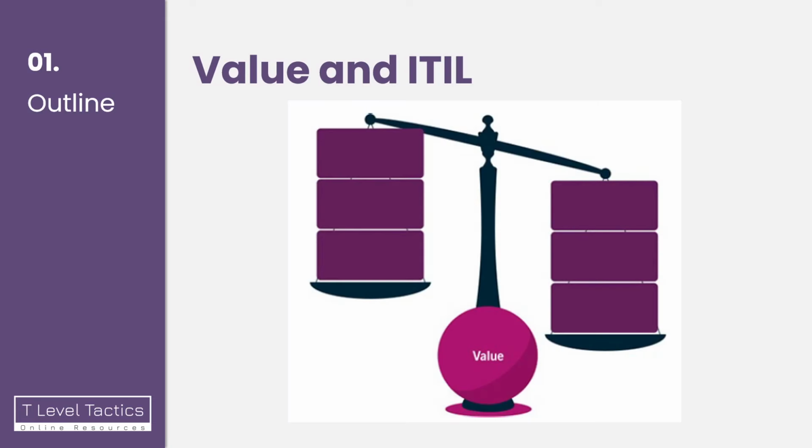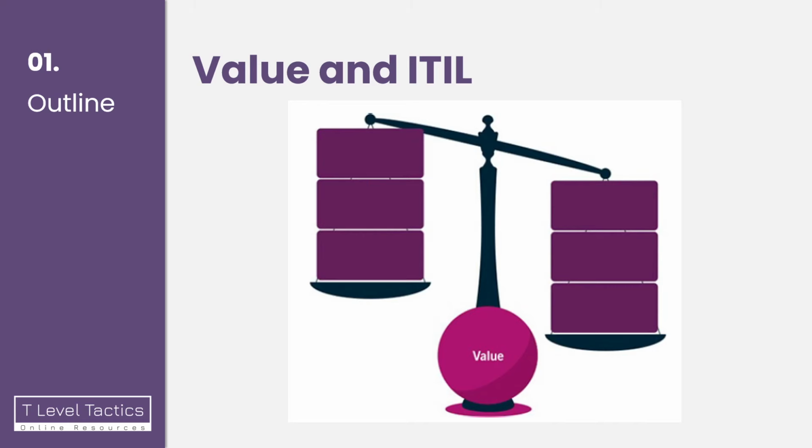Now, there's a useful diagram in that book on what value really means and what the creation of value should do for a business or organization. And it's represented by these scales. And it's essentially saying that these things should have more of an impact than these other things. Let's have a look at what that means.